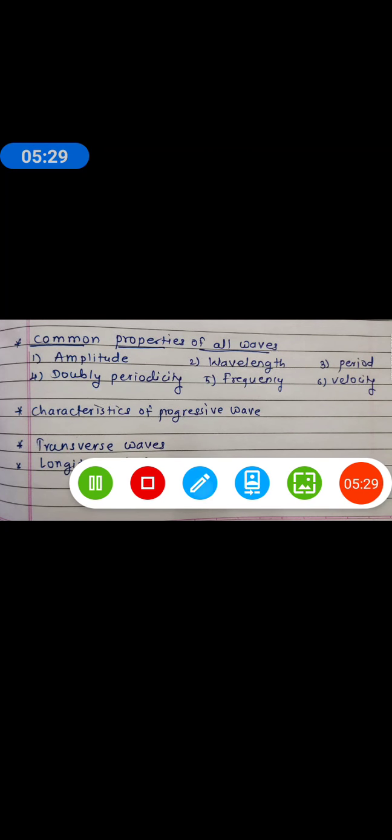These are the reduced parts in this chapter. Though reduced, when we want to study sound and waves, we must know these basic properties of the wave.